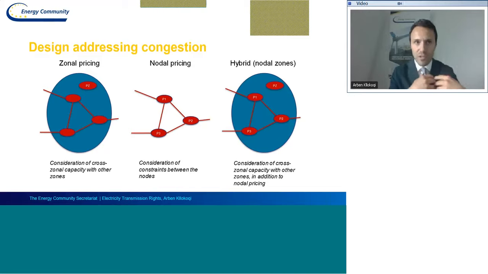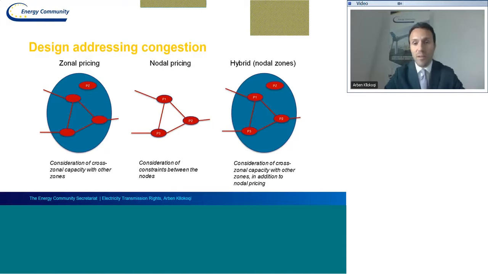If there is not sufficient capacity, then the TSO will take some measures, which in most cases would be the so-called redispatch measures, to ensure that those commercial flows resulting from trading, which result in physical flows, are accommodated in the system.